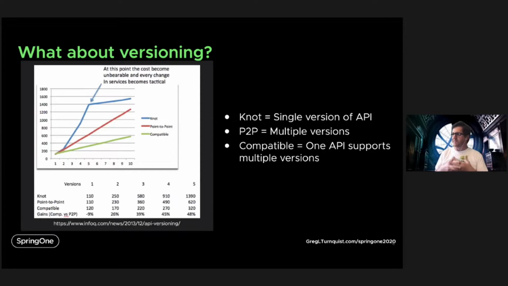Is this a benefit or not? The second bar in the middle is when you run multiple versions of an API. The costs rise slower, but there's still a bit there because you're having to maintain multiple versions. And then the third line at the bottom shows what happens if you adopt a compatible version, where you support multiple versions through a single API. And it's a very distinct difference.